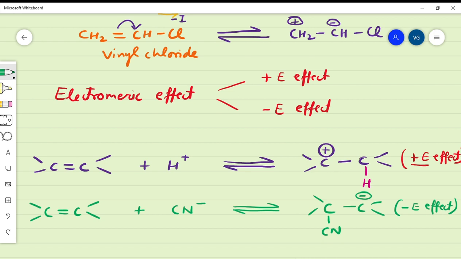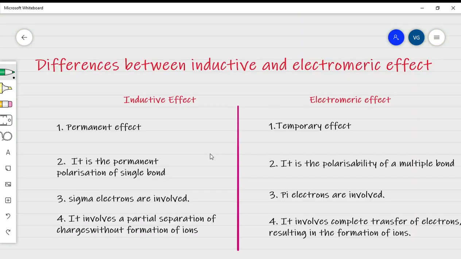Now I would like to discuss the difference between electromagnetic effect and inductive effect. Now I am going to discuss some points of difference between inductive and electromagnetic effect. So here I have written some points already, so let me explain. Inductive effect is a permanent effect.